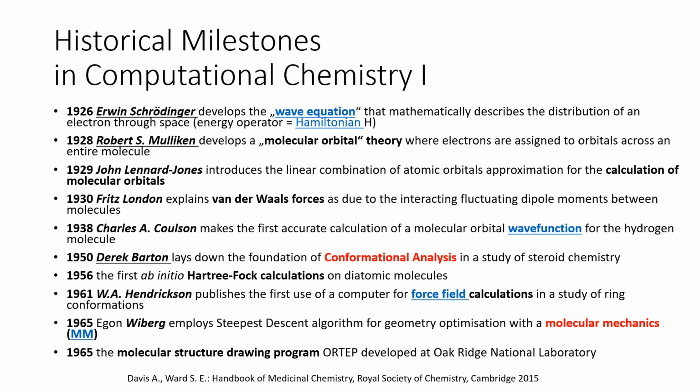So if you remember using the molecular editor ChemDraw, which is part of the package ChemOffice, the very beginning in this field started with the program ORTEP. It was definitely not as sophisticated as the ChemDraw software.